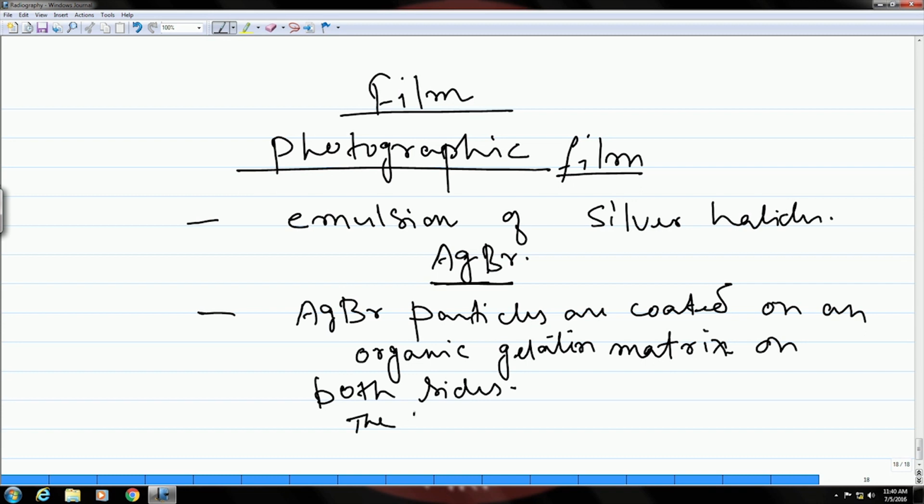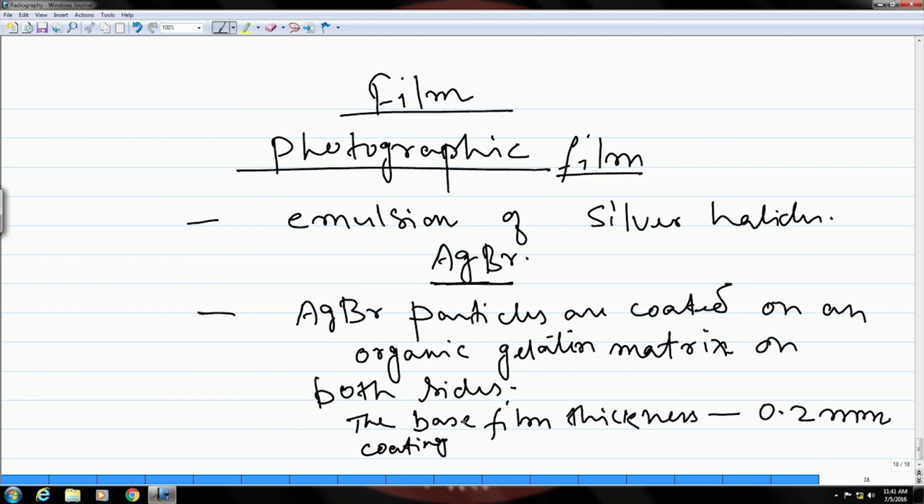The thickness of the base film on which this emulsion is coated is around 0.2 mm, and the coating thickness is 0.02 mm. Okay, so, this is how the film is made.